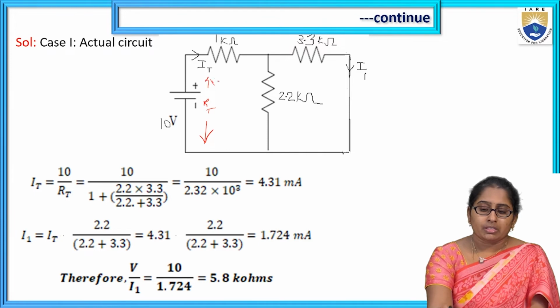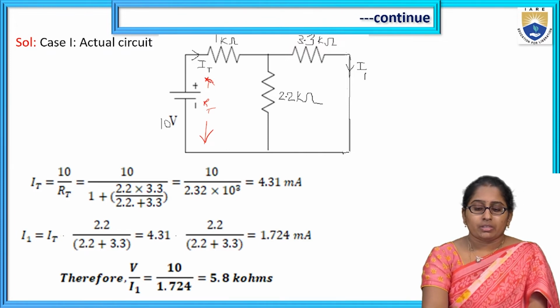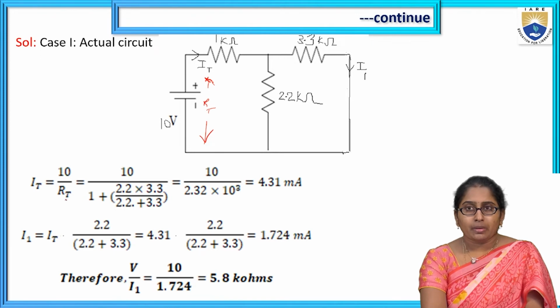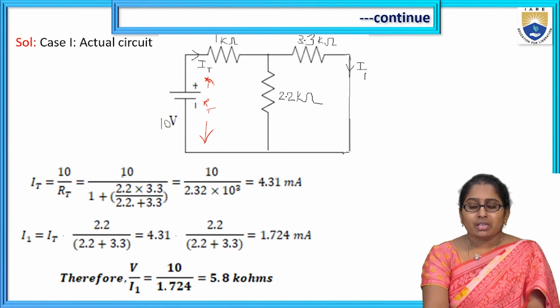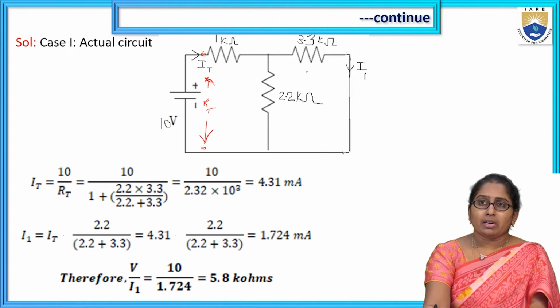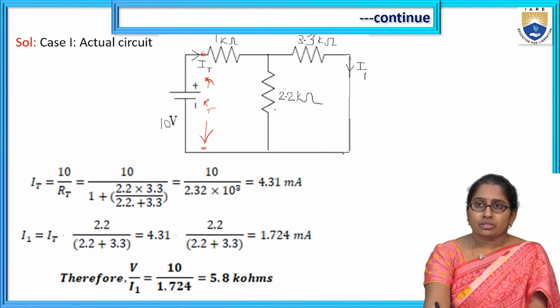So IT is equal to the input voltage 10 divided by the total resistance RT. The total resistance RT is the resistance across the input voltage, given by the parallel combination of the 2.2K and 3.3K resistors in series with the 1K.